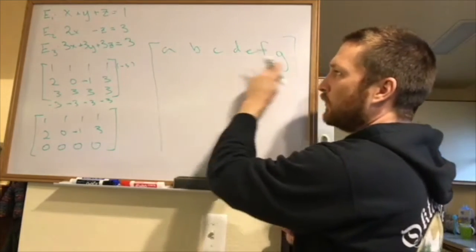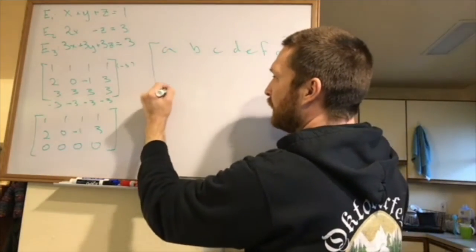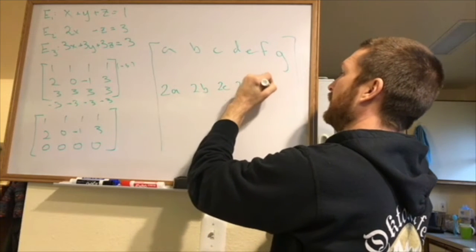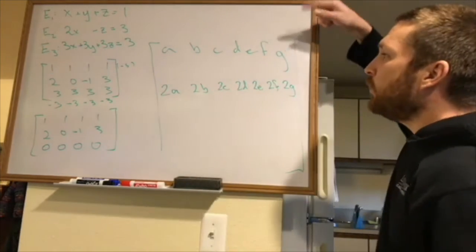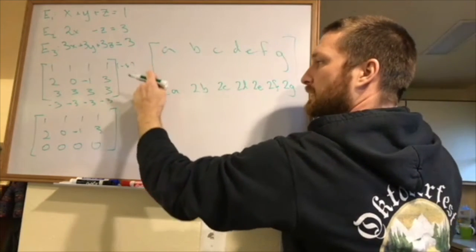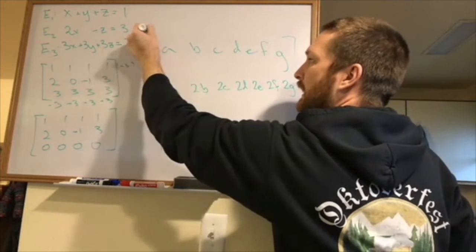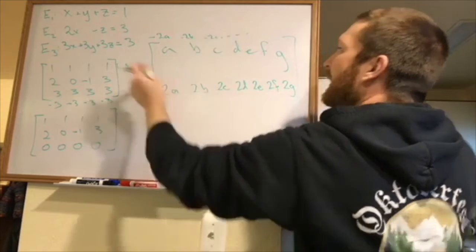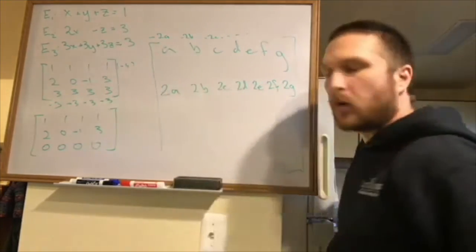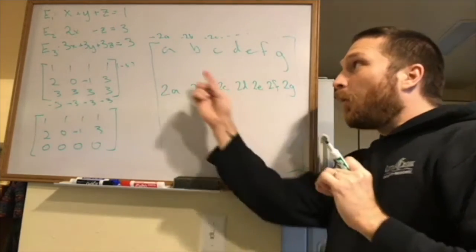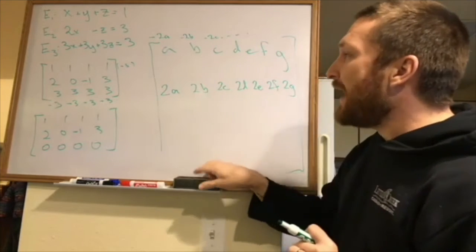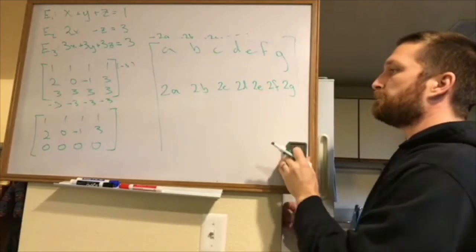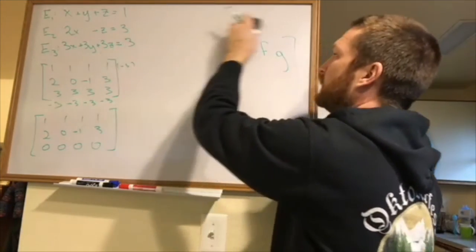If one of these rows is just some number times this guy, then when you go to row reduce and get a 0 here, you'll have to multiply that guy by -2 in order to get -2a, -2b, -2c, and so on. And then adding him to there will give you a row of zeros. But with more variables, there's more ways of having a linear combination of your equations or of your rows.